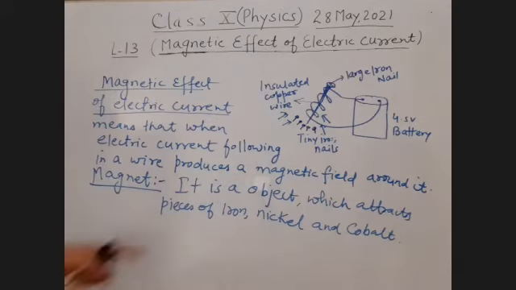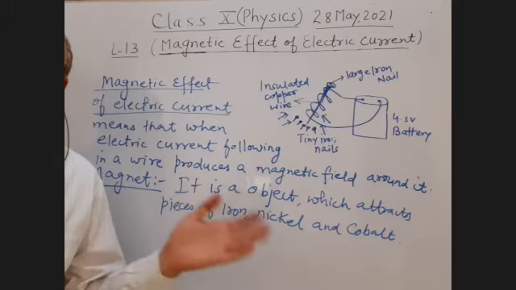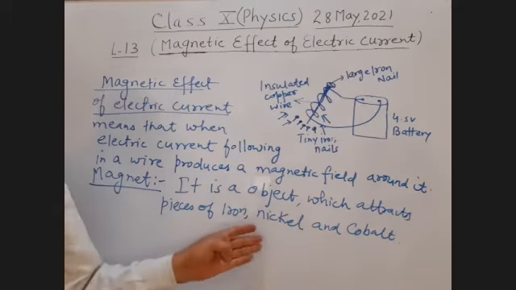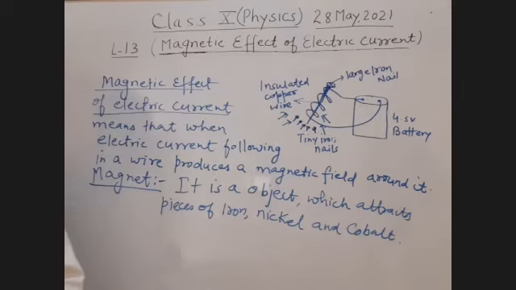That object is said to be magnet. उस ऑब्जेक्ट को स्टूडेंट्स हम मैग्नेट कहेंगे जो आयरन, निकल, कोबाल्ट को अपनी तरफ अट्रैक्ट करेगा, उसको हम कह सकते हैं कि this is called the magnet.